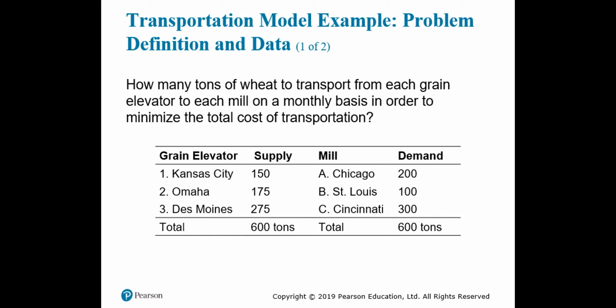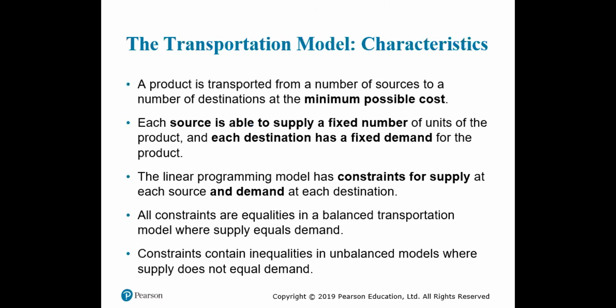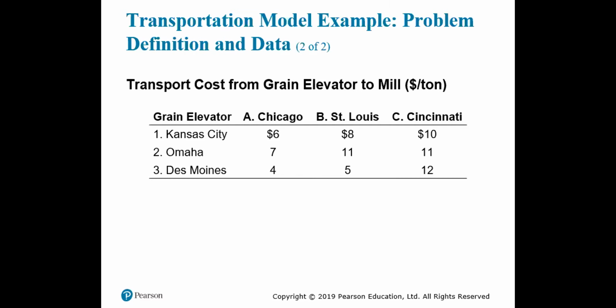Supply 150. This is a supply, so it will be equal to 150. We are saying that everything produced here has to be distributed across this. That's what we are talking about. Okay. So you have to look at it from that three-dimensional perspective.